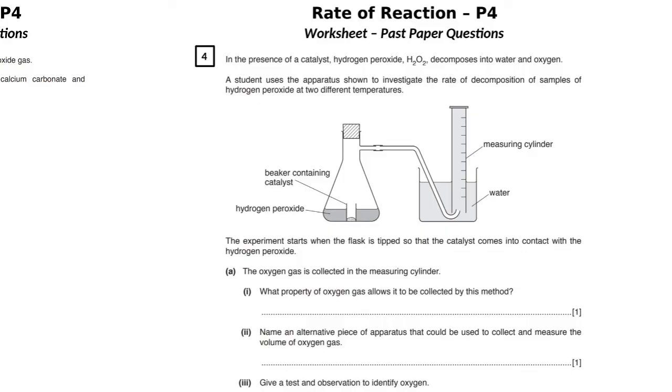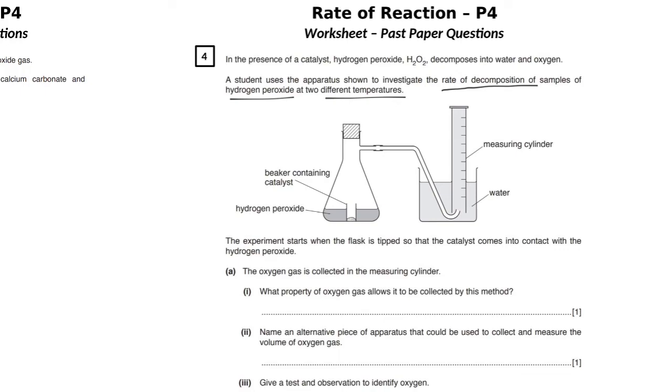Okay, so in question number 4, obviously a gas is being collected over water. Basically, in the presence of a catalyst, hydrogen peroxide decomposes into water and oxygen. A student uses the apparatus as shown to investigate the rate of decomposition of samples of hydrogen peroxide at 2 different temperatures.